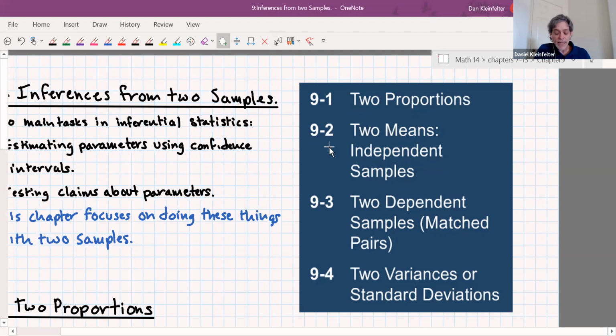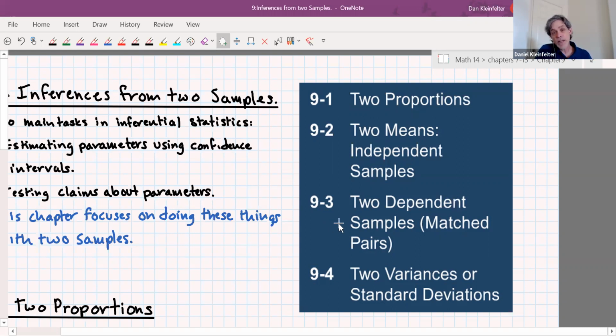Section 9.2 is about comparing means for two independent samples. So we could compare the lifetime of light bulbs produced by a factory in Minnesota versus the lifetimes of light bulbs produced at a factory in Florida, and we want to compare the mean lifetimes of those two sets of light bulbs.